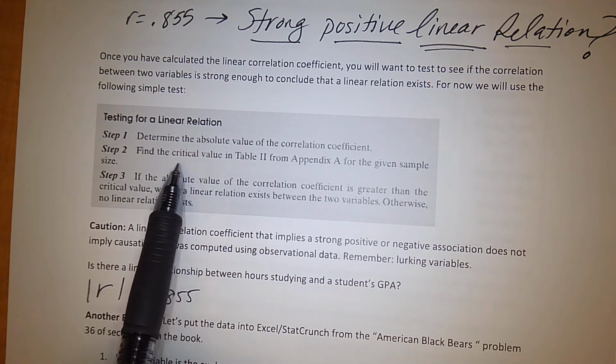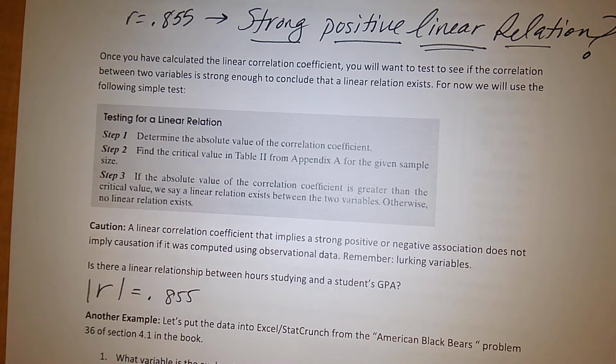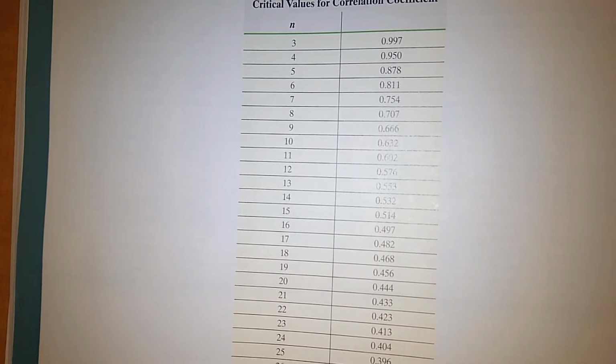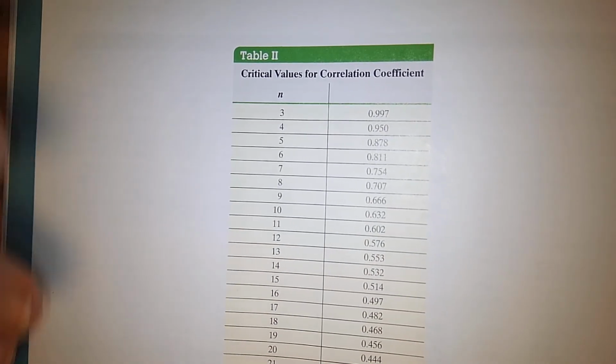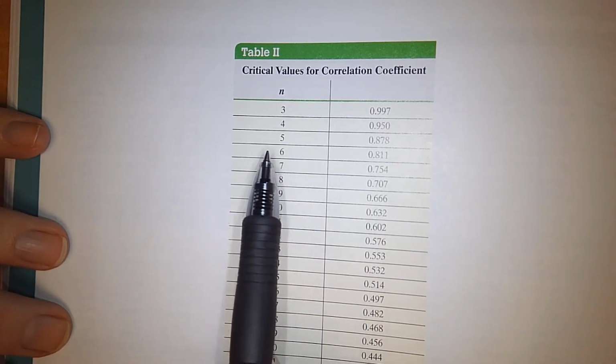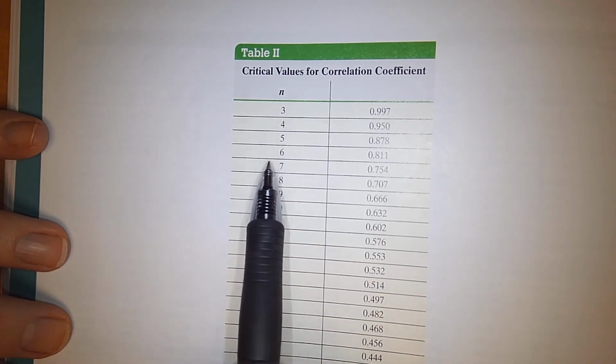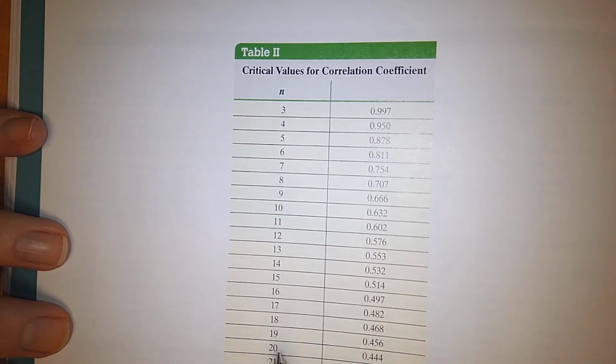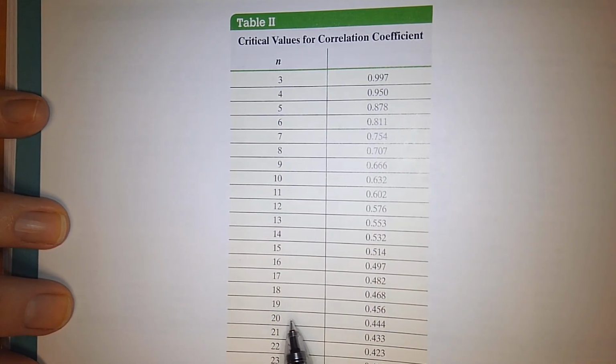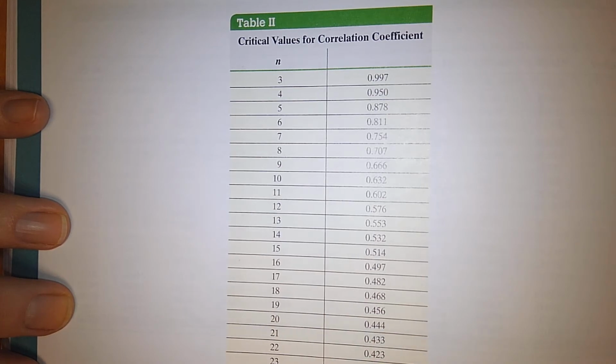So let's first find this critical value in Table 2. I'm going to pull up the table here. This is Table 2 from your book, and we're looking for the appropriate n. We had 20 students in our sample, so our critical value for the correlation coefficient is 0.444.